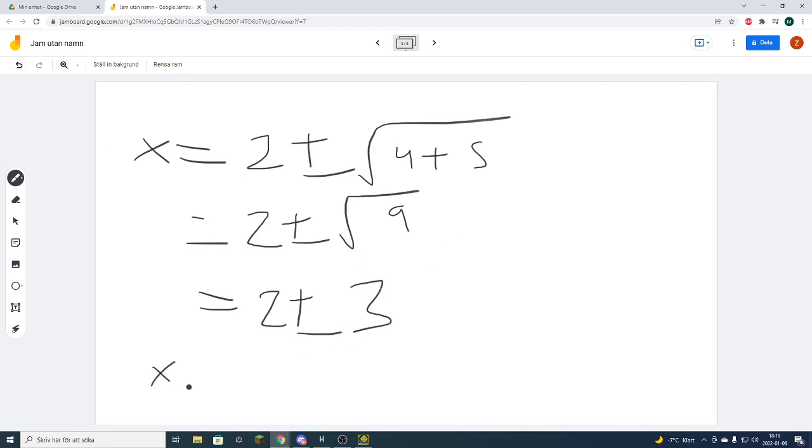And so the answers are x is equal to 2 plus 3, which is 5, and x is equal to 2 minus 3, which is -1. And you order them the other way, so x equals -1, and x equals 5. So yeah, that's just question number 5, and we're already getting into this.